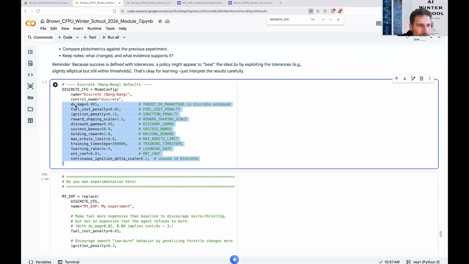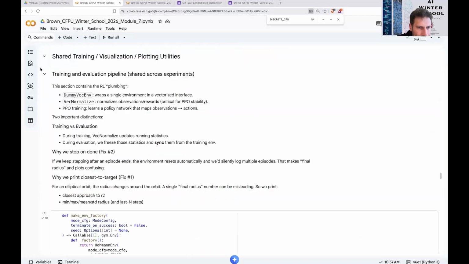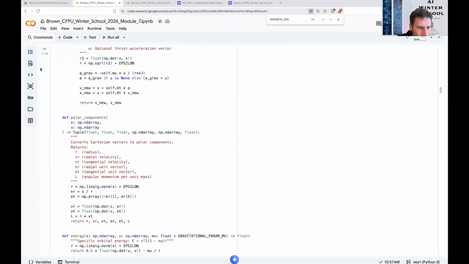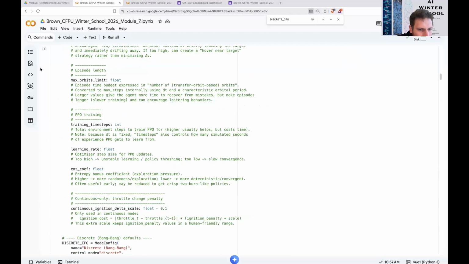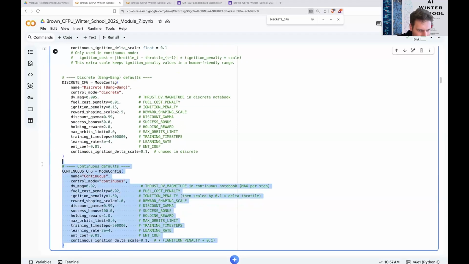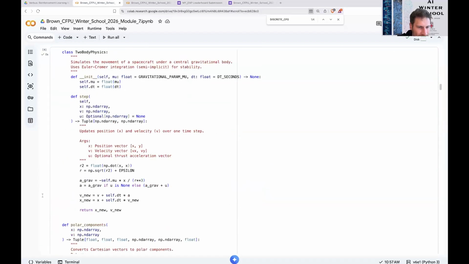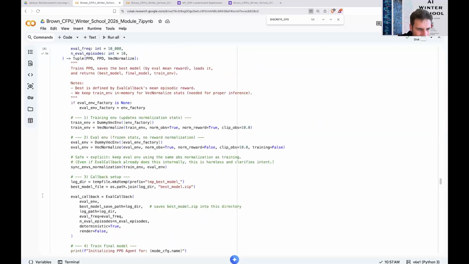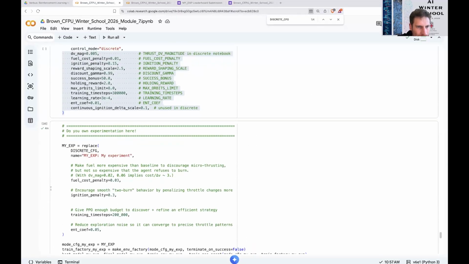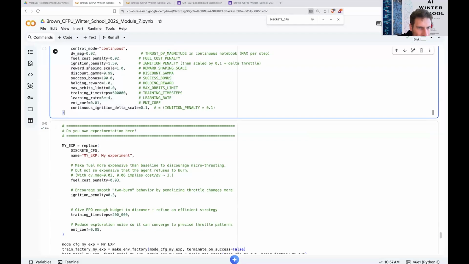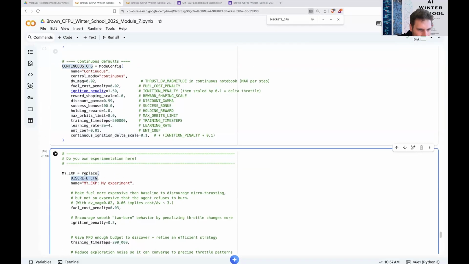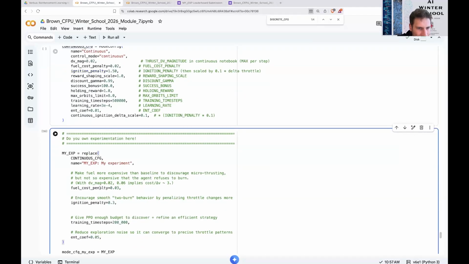I'm going to grab, just for reference, these continuous defaults here, and then to change to continuous, all we have to do is do that.